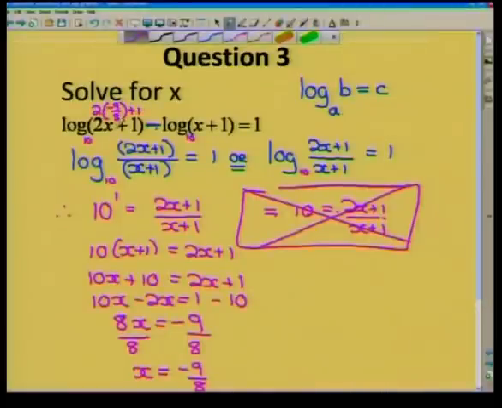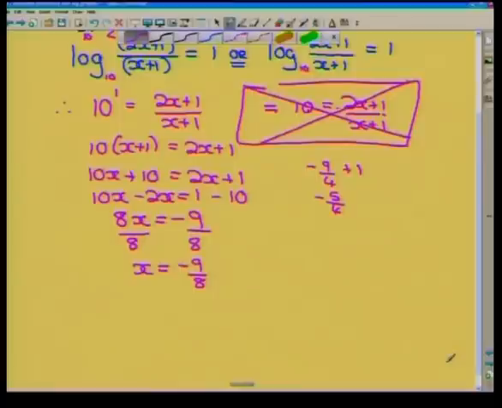Well, we're going to clearly see that's going to cause a problem because 2 lots of that is going to be minus 9 quarters plus 1, which is minus 5 quarters, which actually makes this less than 0, and we know that that means that that's not defined. And here we're also going to have a problem. So in actual fact, this question has no solution because this is invalid.